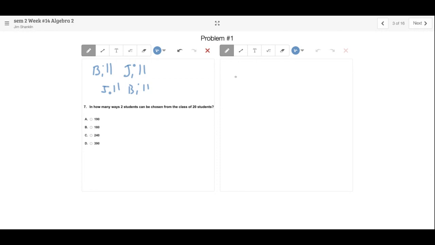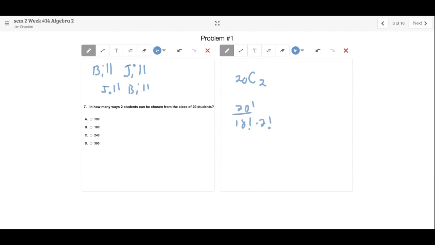So in this problem, I would do 20 choose 2. And then I would go to Desmos and get my answer. What is our answer if we did 20 choose 2? I could do it without Desmos: 20 factorial over 18 factorial times 2 factorial.